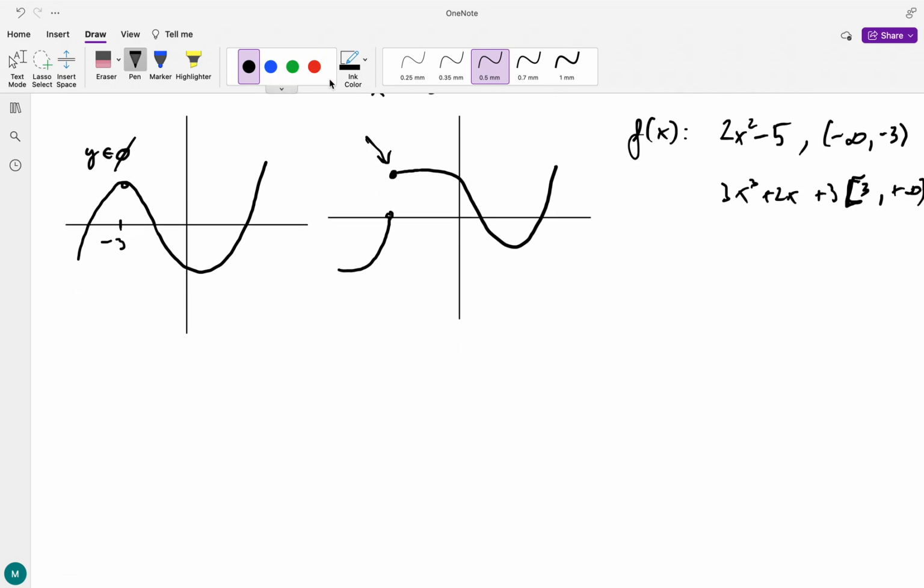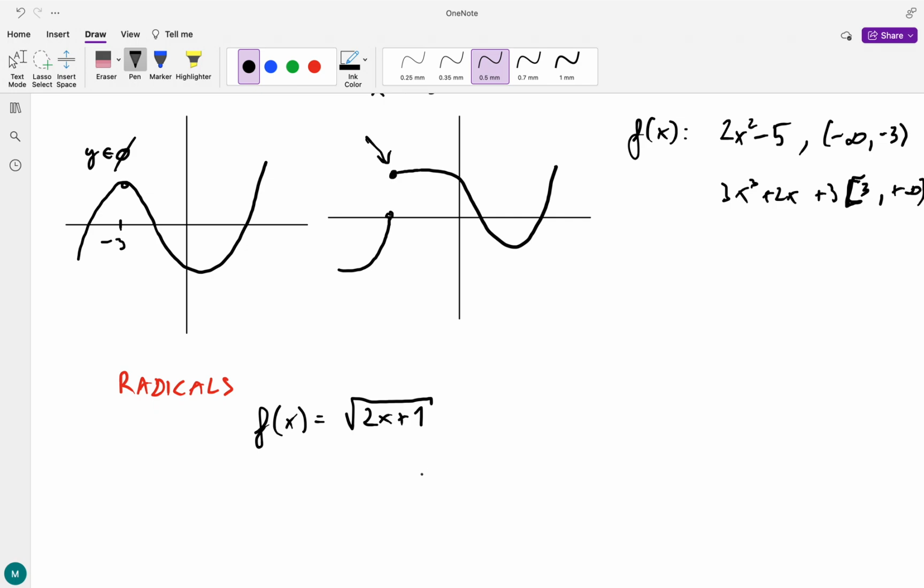Now, I want to point out another special case for finding the domain, and it's radicals. Okay, so radicals are a little bit different from fractions, but they also indicate a similar thing. So let's consider f of x equal to square root of 2x plus 1.